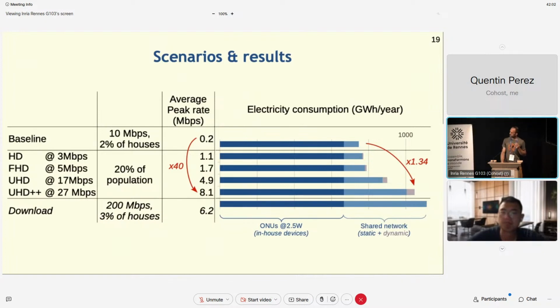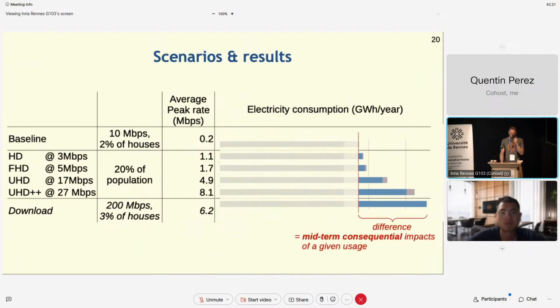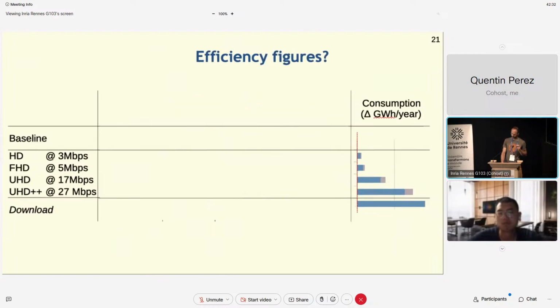But if we focus on the shared network equipment, shown in light blue, then you can also see that the HD or even the full HD scenarios put rather low pressure on the network, in contrast to the other three scenarios that require to double or even triple the infrastructures. And then we can eventually compute the consequential or marginal impacts of those variants by considering the relative difference with the baseline. So let's keep this delta for reference.